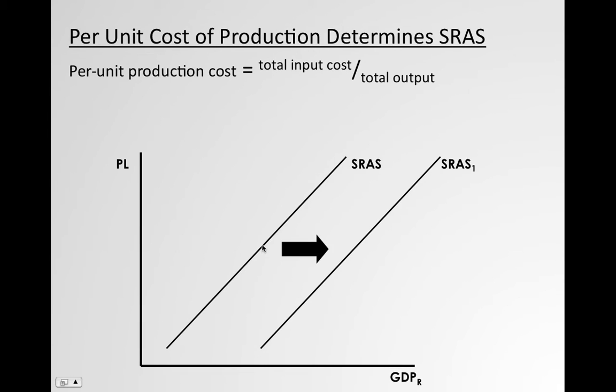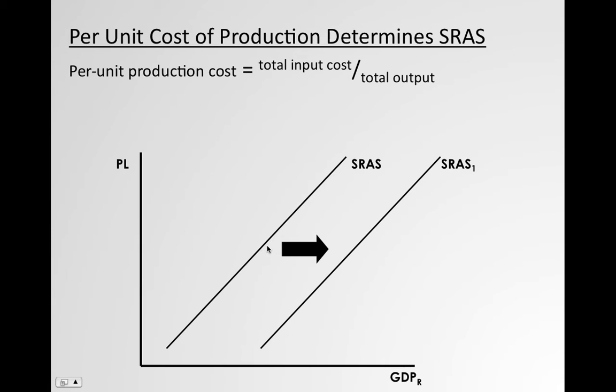However, if, for example, wages drop, or let's say the price of oil or resources drops, this is the average price level of everything, and we're just giving you one specific thing that drops. So if oil dropped or wages dropped, the costs of operating a business are now lower.